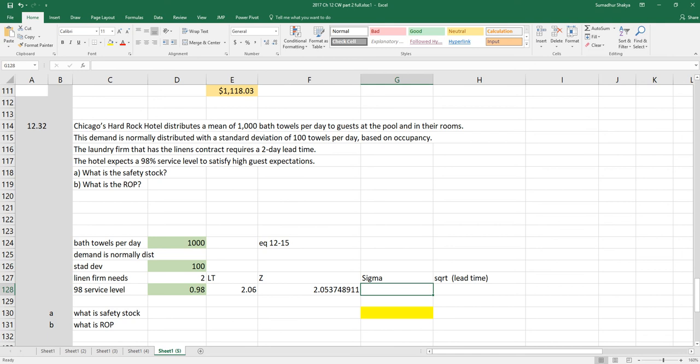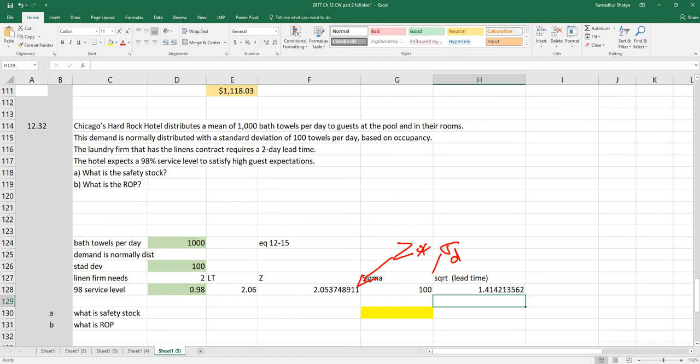Therefore, the standard deviation is given to us as 100, and square root of lead time. Now we can do the z times the standard deviation of the demand.